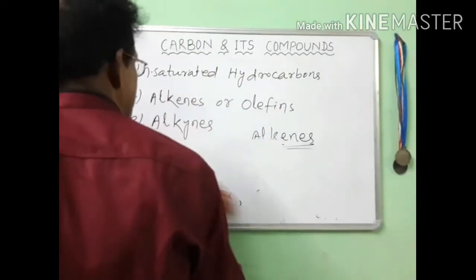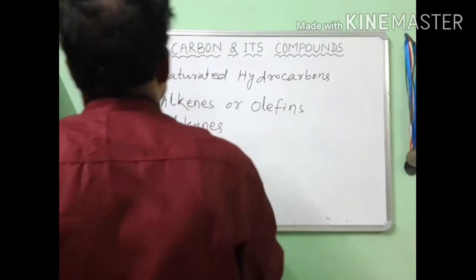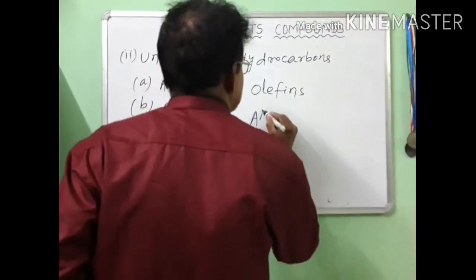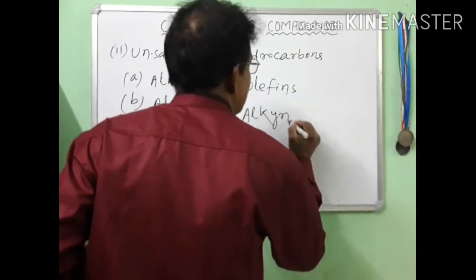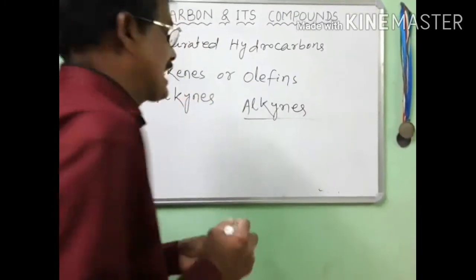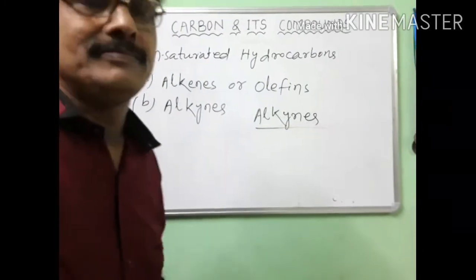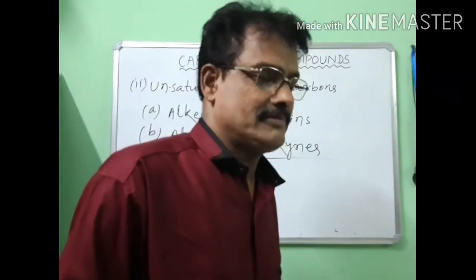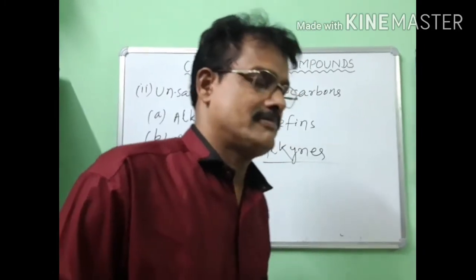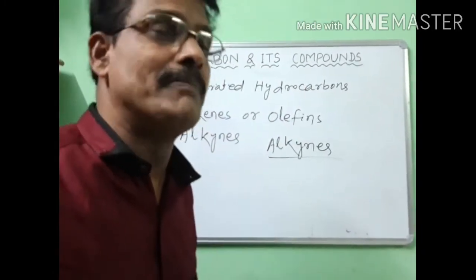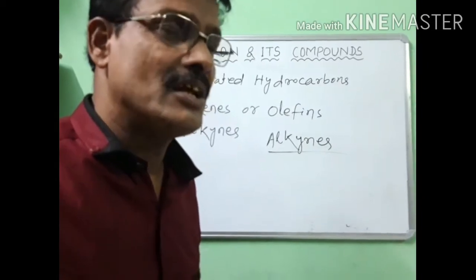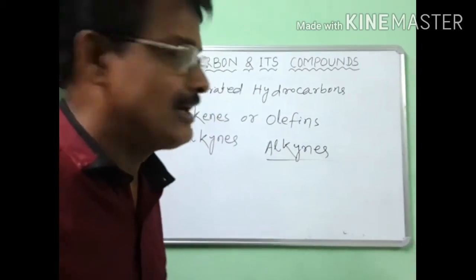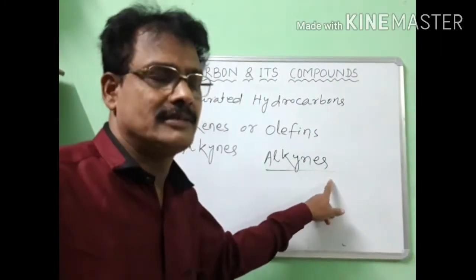Now, the second type of unsaturated hydrocarbons, alkynes. The unsaturated hydrocarbons which have at least one triple bond along with single bonds are called alkynes.